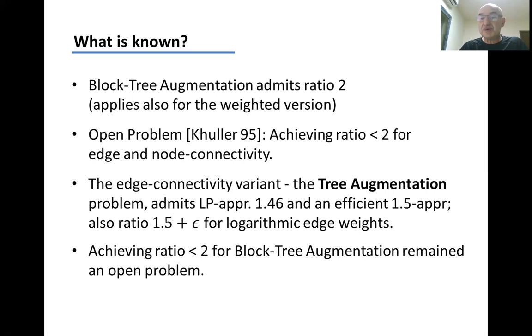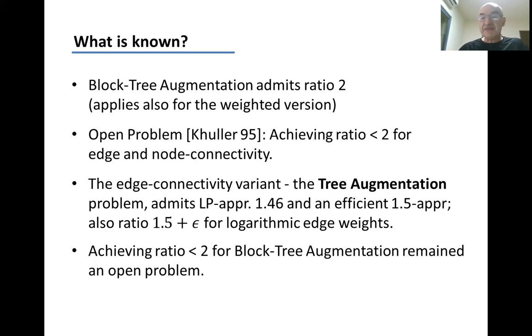And this ratio 2 applies also for the weighted version of the problem when the edges that we want to add to the tree have weights. In '95, Samir Khuller, in his survey about connectivity problems, posed an open question of achieving ratio better than 2 for both edge and node connectivity variants.